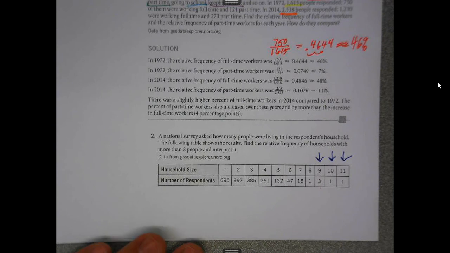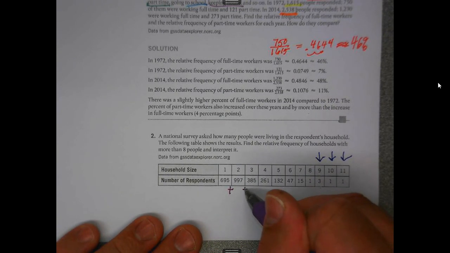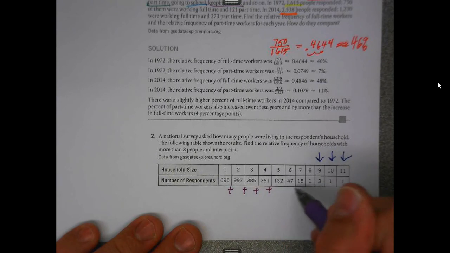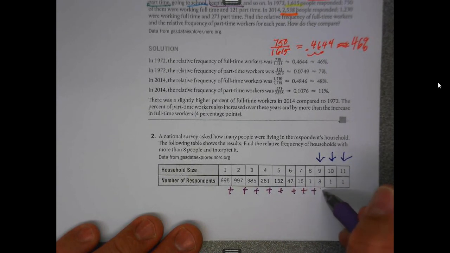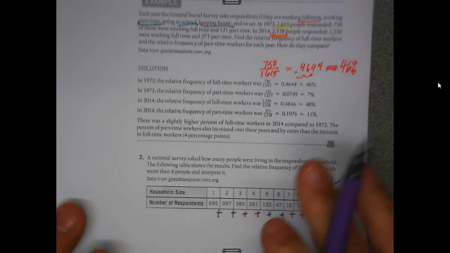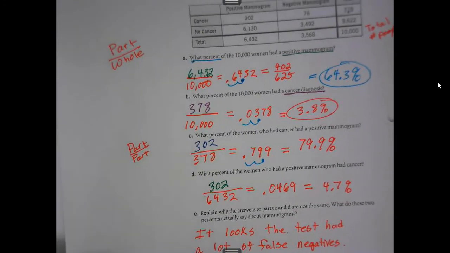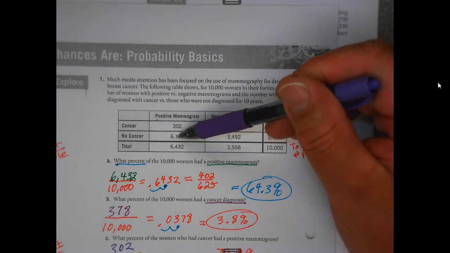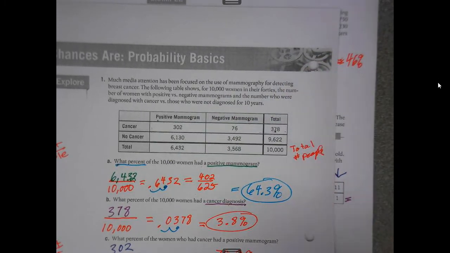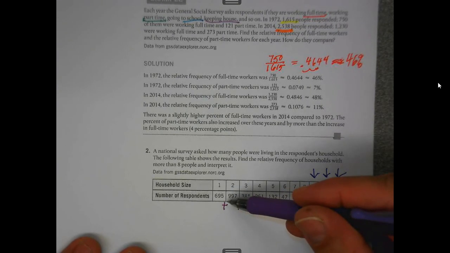Remember, on the table we did on the previous page, don't forget we had to get the totals of our rows by adding them across. So that's just what I'm going to do here. 695 plus 997 plus 385 plus 261, so on and so forth. I'm going to get a total of 2538. So that's my total.